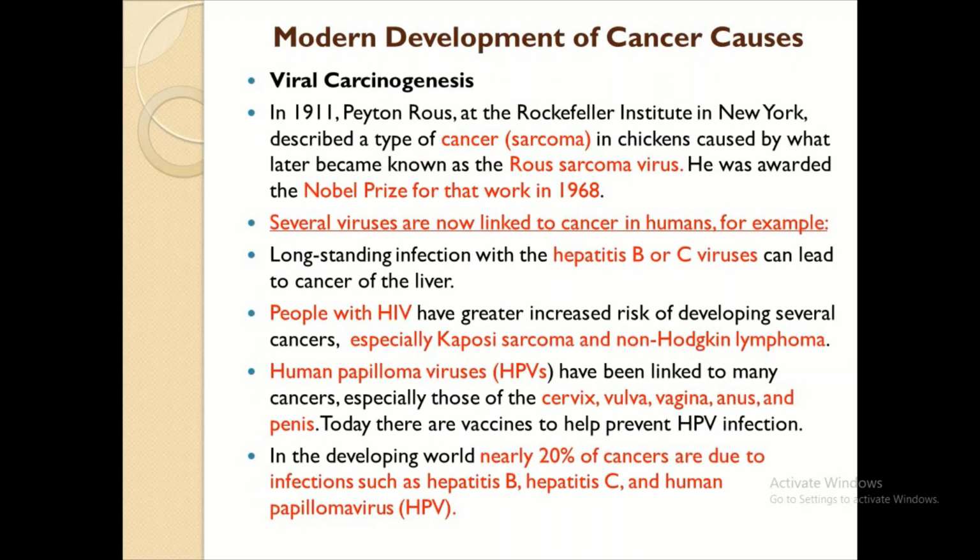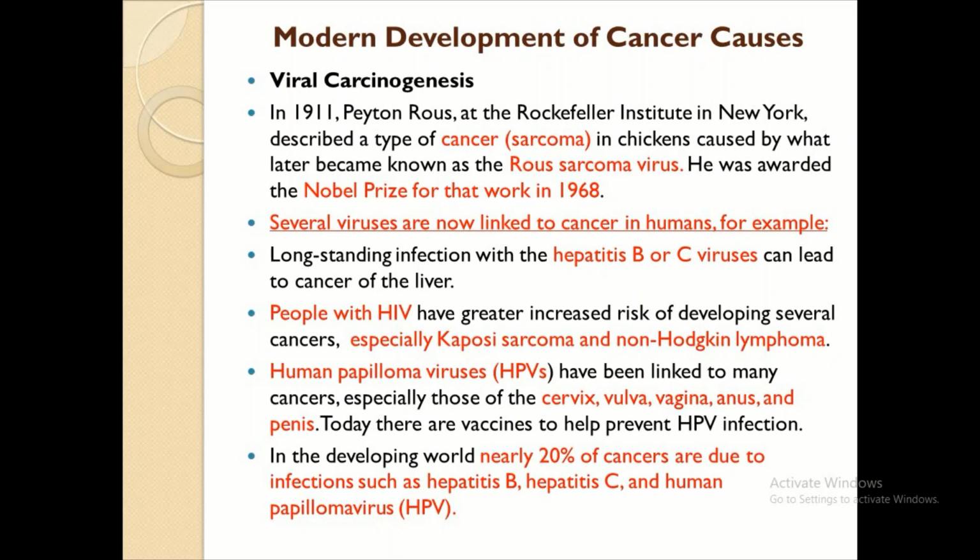So the modern development of cancer causes goes to viral carcinogenesis. I already told you in the previous slide, a virus also can cause cancer. In the year 1911, Peyton Rous, at the Rockefeller Institute in New York, was the first person to describe a cancer called sarcoma in chicken, which is caused by a virus.